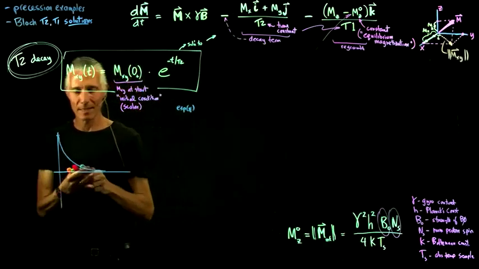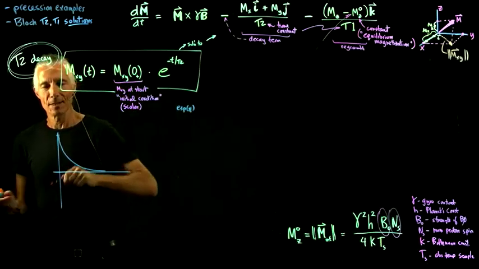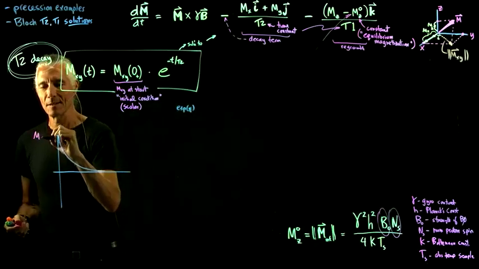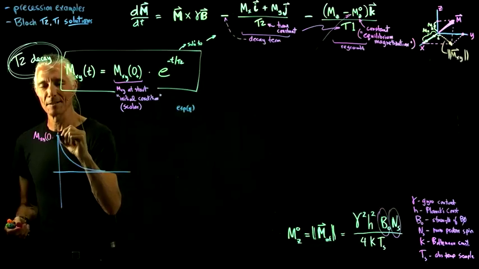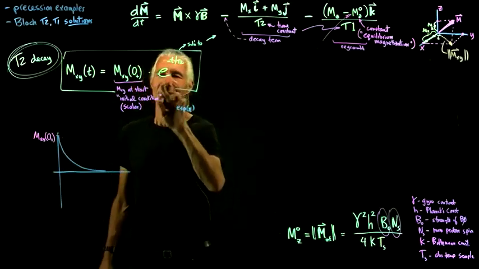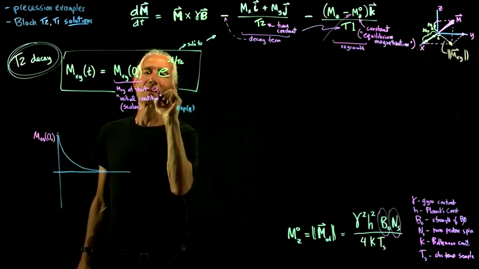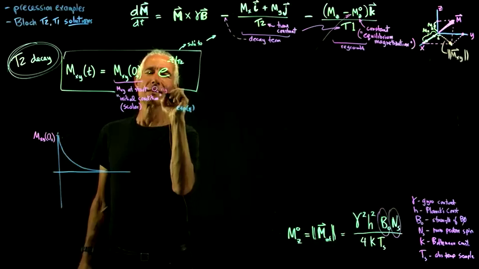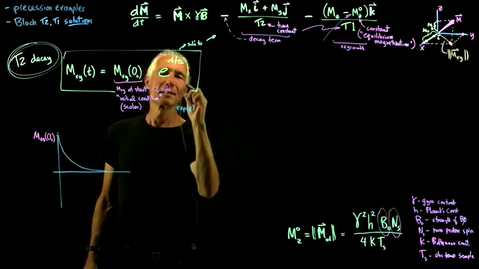So basically it starts at whatever the magnetization in the xy component was at 0 plus, which means right after the pulse.